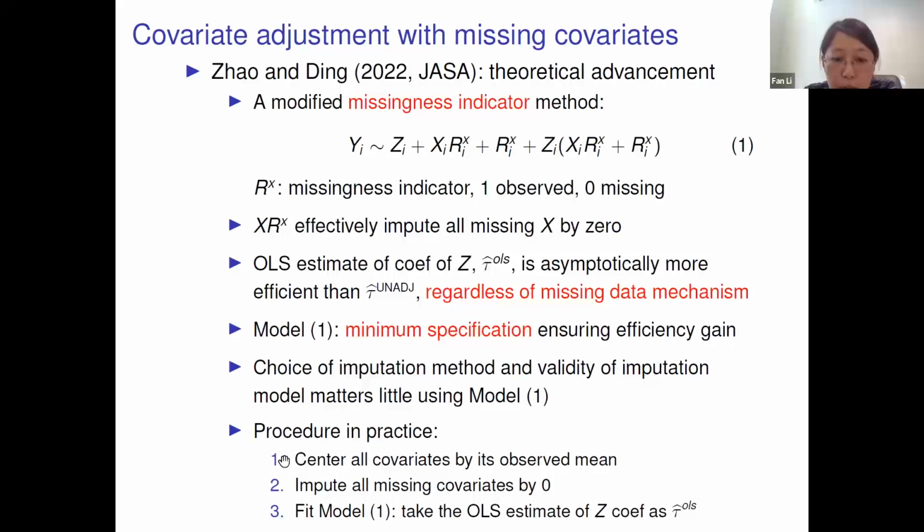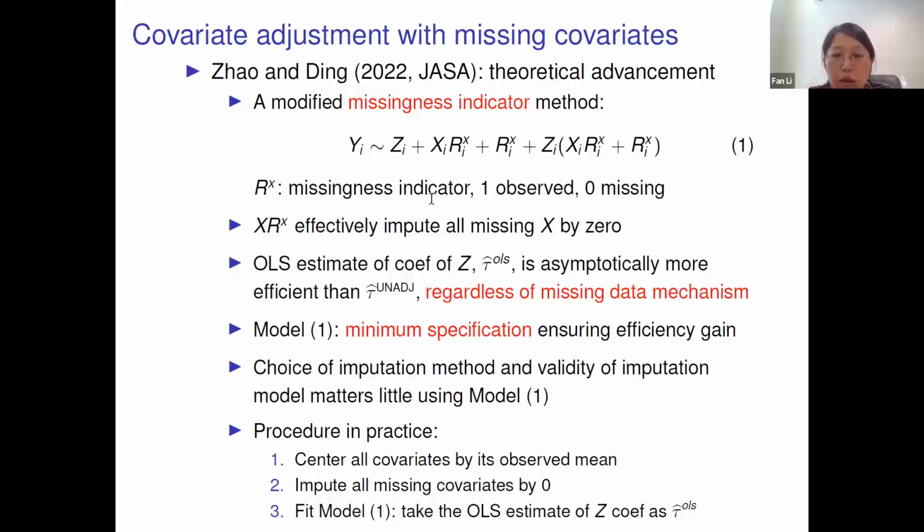So in practice, this leads to a procedure where you center all the covariates by their observed means, impute all missing covariates by zero, create all these missing indicators, and then fit this missing indicator model, right? Then take the ordinary least squares estimate of the coefficient of Z. That's it.